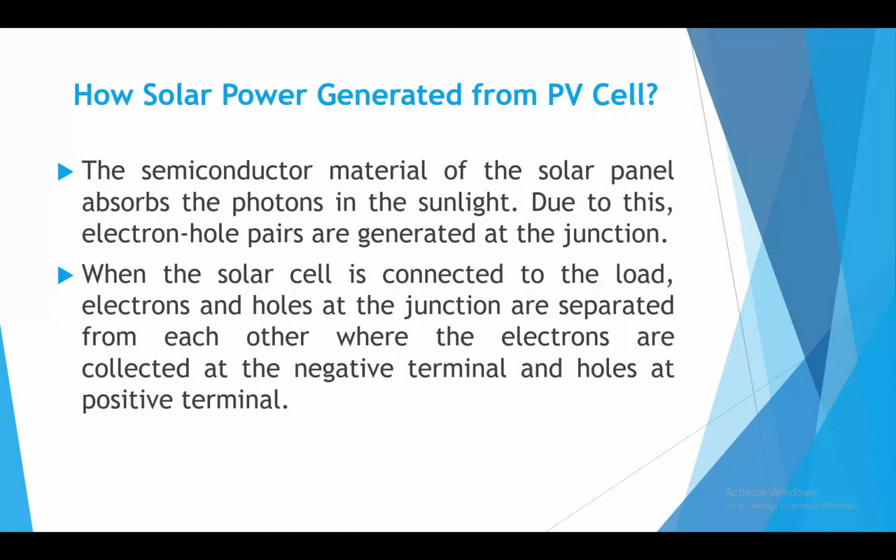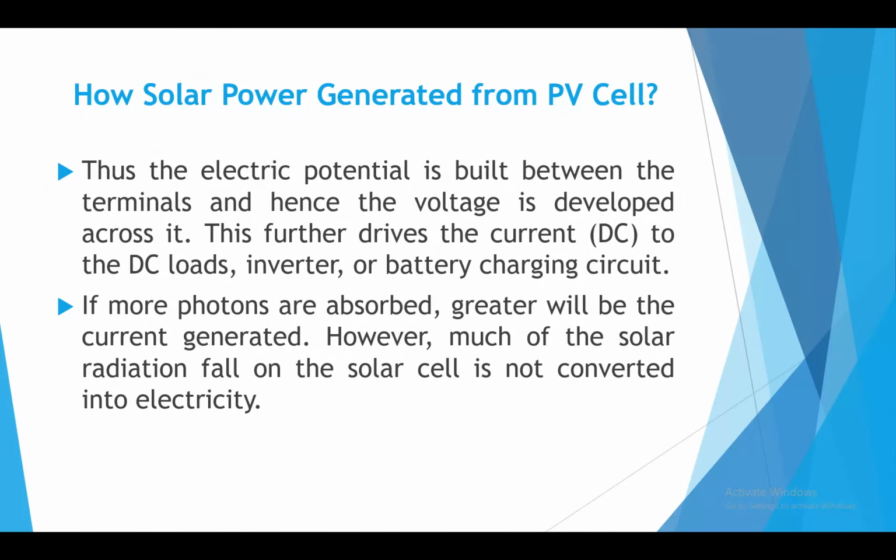In electronics, we have the electron as the negative carrier and holes as the positive carrier. These are generated at the junction, and when we connect the load, the electrons and holes are separated from each other, where the electrons are collected at the negative terminal and holes at the positive terminal. Thus, an electric potential is built between the terminals, and hence voltage is developed.